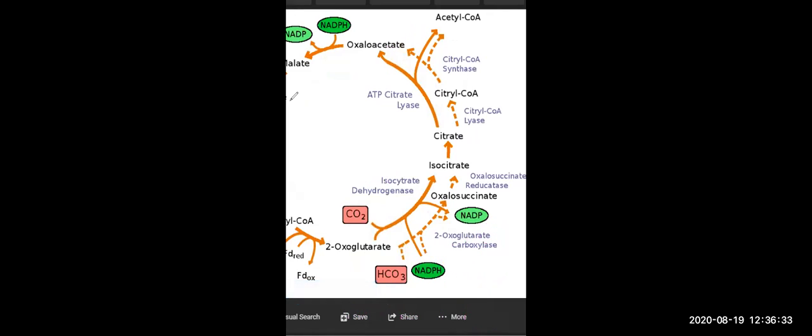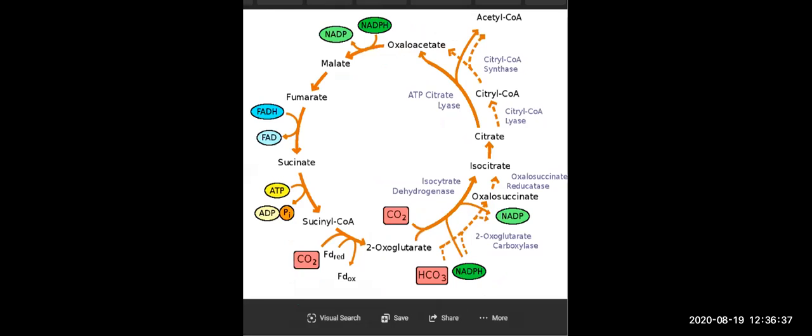See this picture. Pyruvate is converted to acetyl CoA, and then this acetyl CoA along with oxaloacetate, the pathway moves like this.